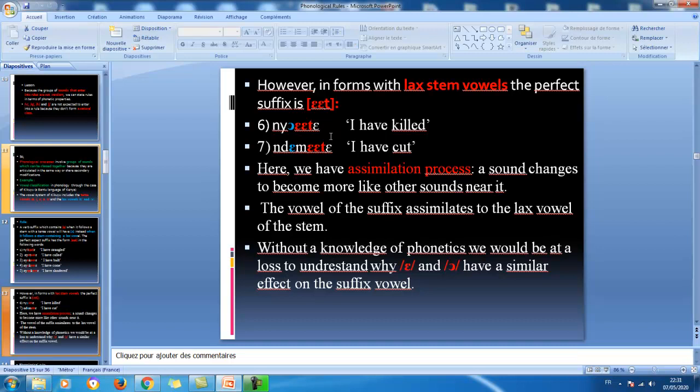Without a knowledge of phonetics, we would be at a loss to understand why this vowel and this vowel have a similar effect on the suffix vowel. We should know first that they represent one class of vowels that we call lax vowels. So the fact of having lax vowels in the stem determines the kind of vowel in the suffix here. So this is the rule in here.